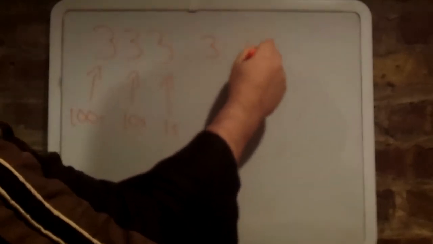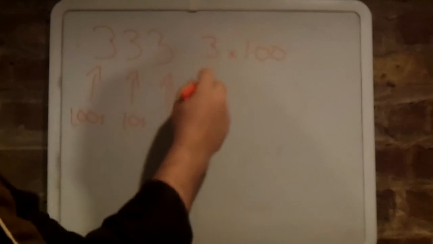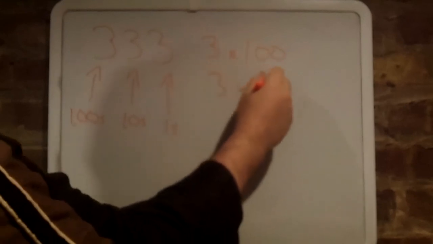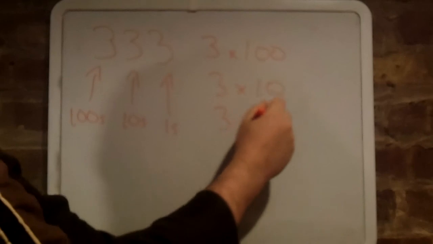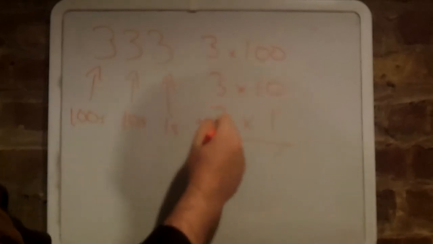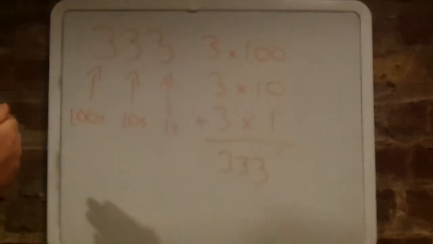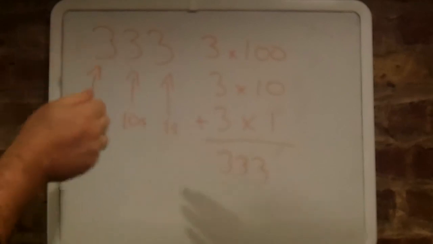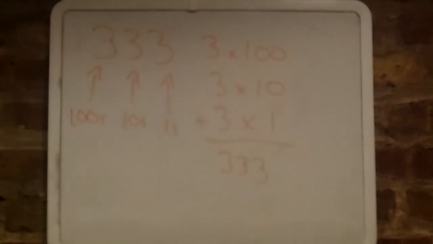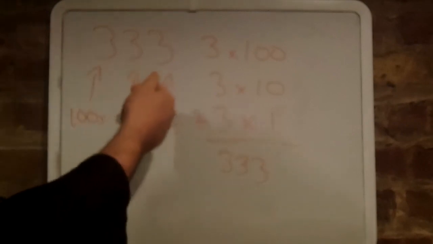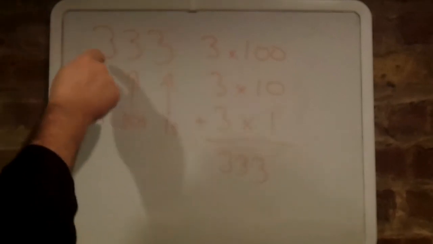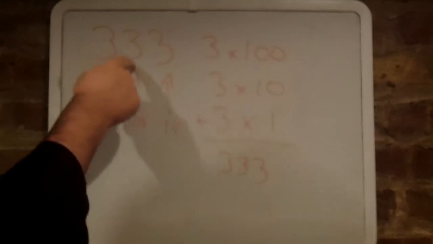So this is telling us we have 3 times 100, and then 3 times 10, and 3 times 1, all added together, which adds up to 333. And of course we can extend further to the left with thousands, 10,000s, 100,000s, and so on. But the main point is, as you go to the left, each number is 10 times more than the number to the right of it.